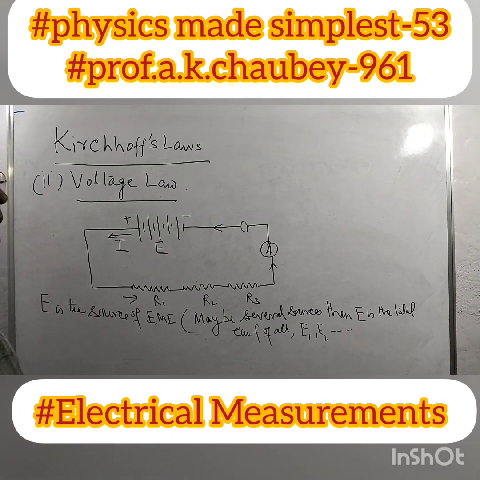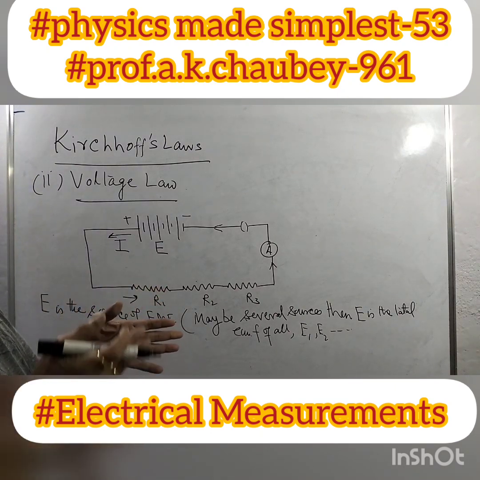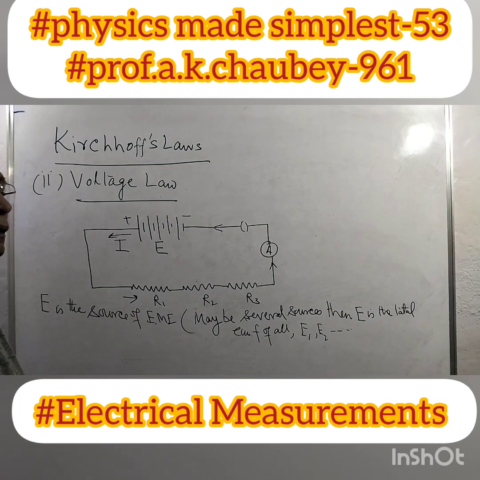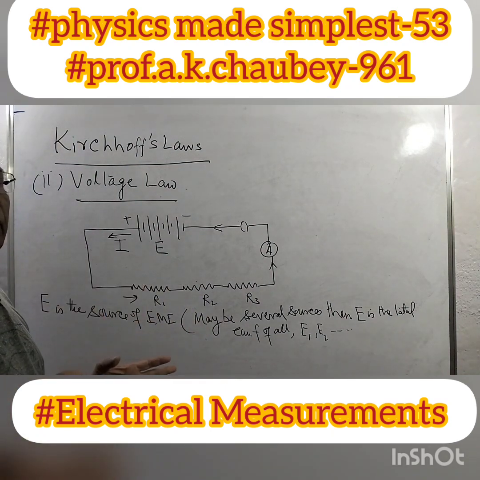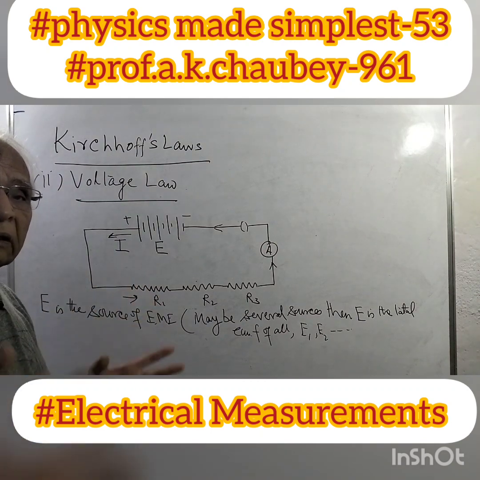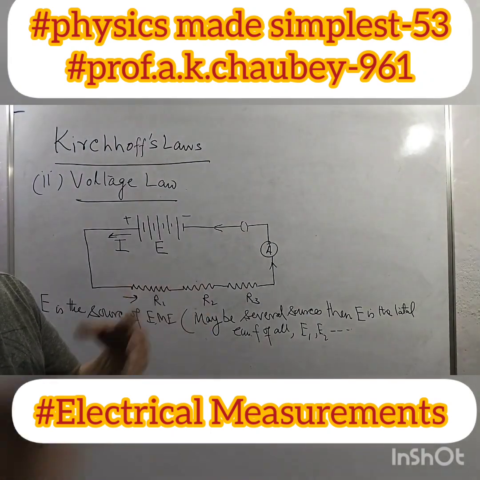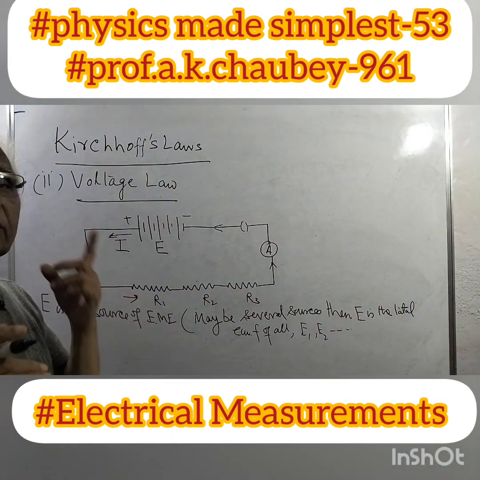E may be with plus or minus; if their terminals are opposite, it will be minus. One source has plus with current flowing anti-clockwise, and the other source has plus with current flowing clockwise. Then one is a positive source, the other is negative, meaning the current goes in the reverse direction. So one EMF is plus, the other is minus.